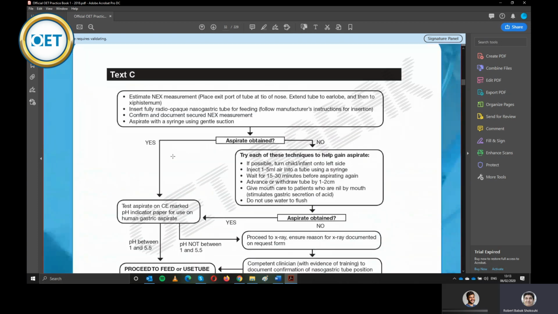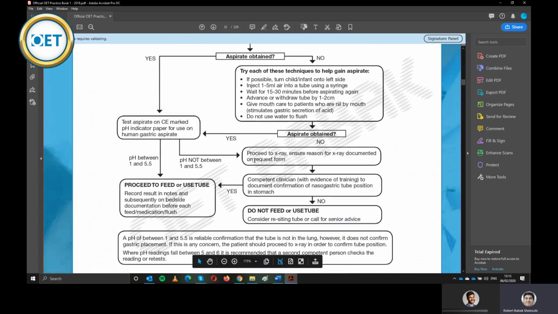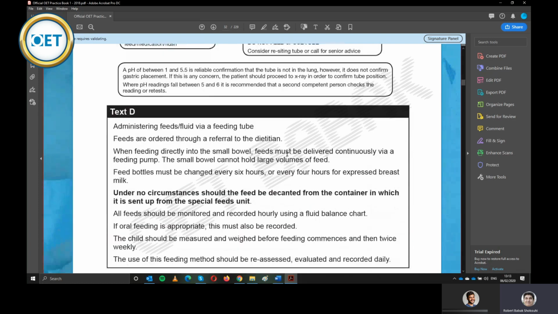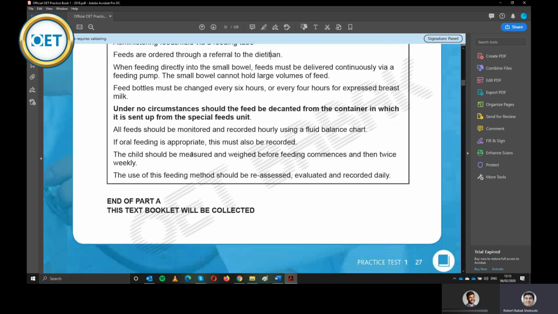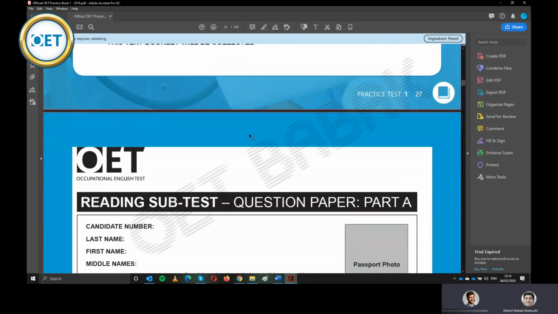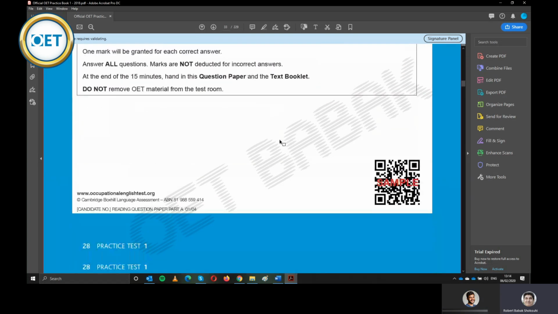Okay. I'm rewording these for myself. And text C is a flowchart which is probably about making sure it is in the right place. And text D is about the feeds. Okay? Yes. So then we quickly go and have a look at the questions.